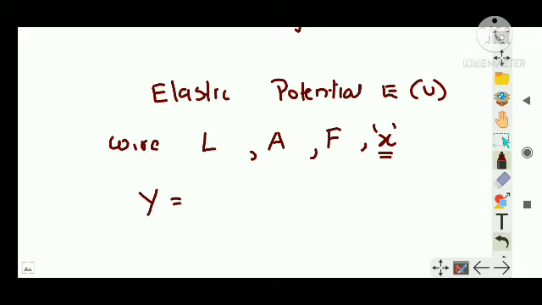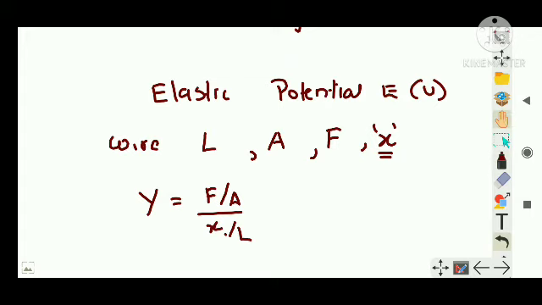It is longitudinal stress by longitudinal strain, right? In place of delta L, here the elongation is X, so I will write it as X by L. Clear?